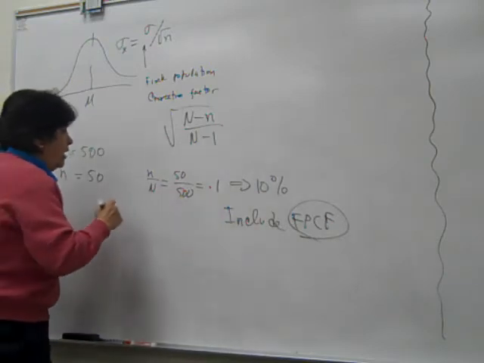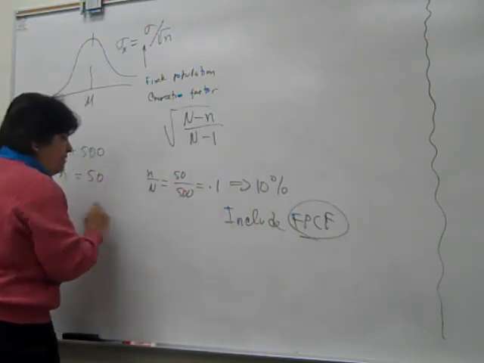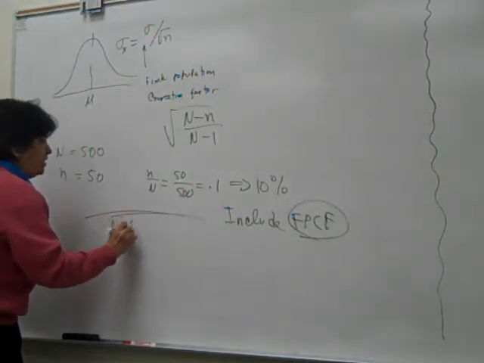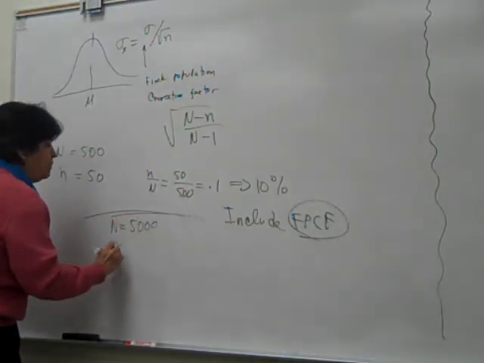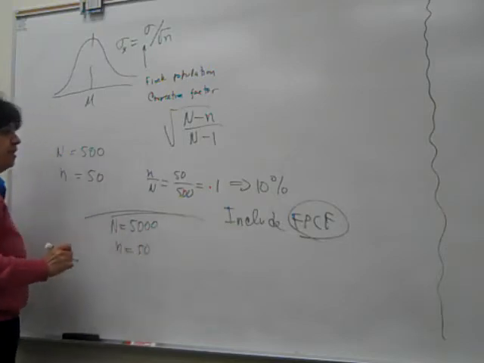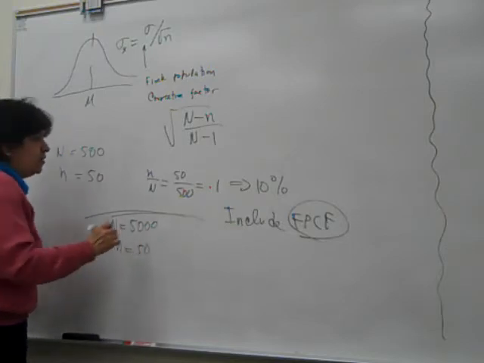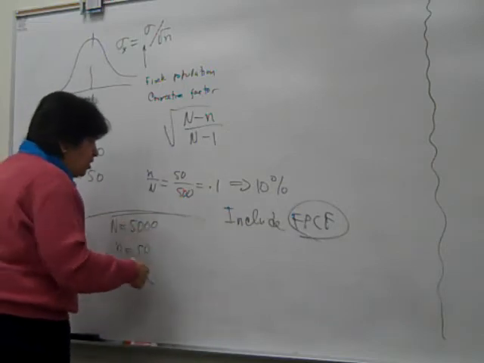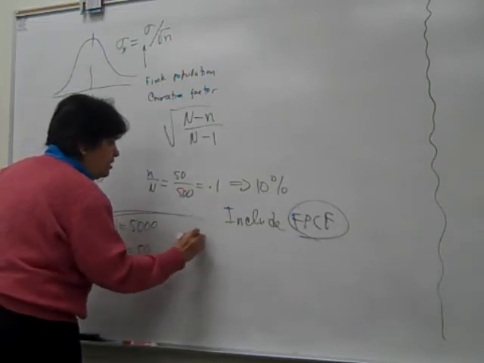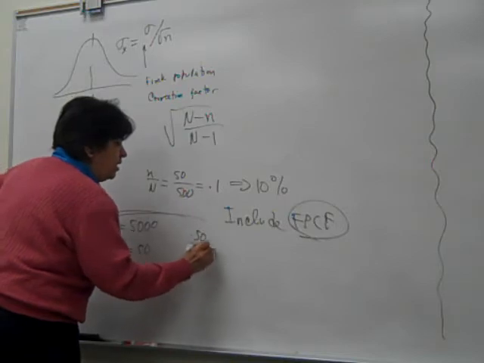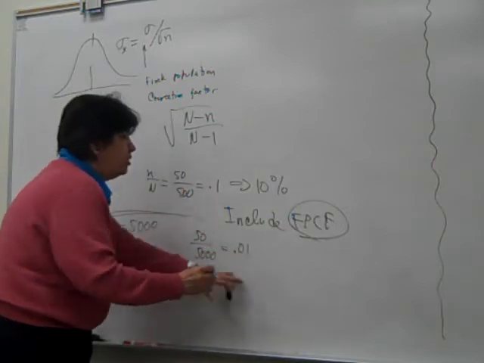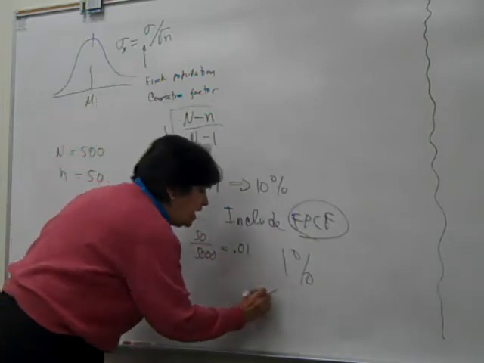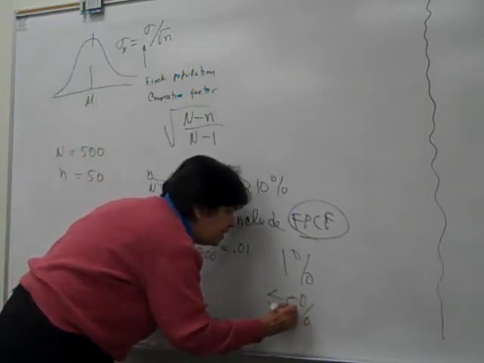Okay? Now, let's say that I have the population size equal to 5,000 and my sample size is again 50. Right? So the ratio is going to be 50 divided by 5,000, and it's going to be 0.01. It's only 1%, and 1% is less than or equal to 5%.